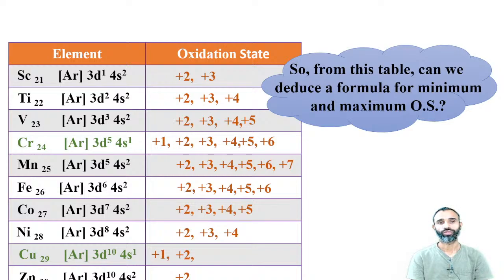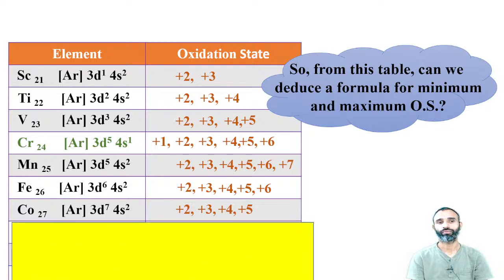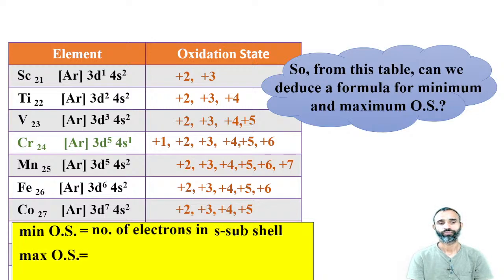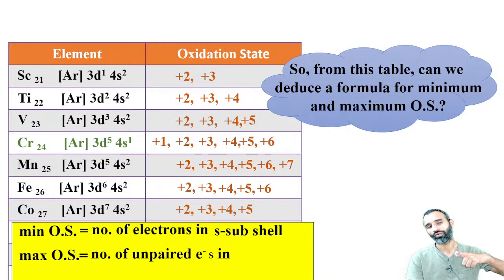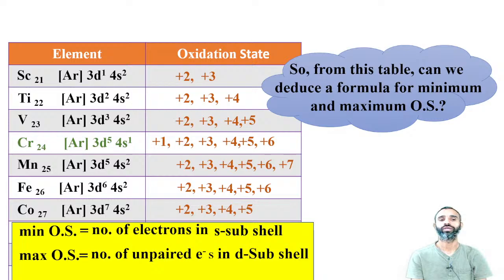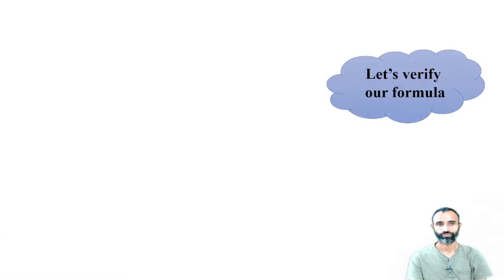So can we deduce a formula for minimum and maximum? Minimum oxidation state is the number of electrons in the ns subshell, and maximum oxidation state is the number of unpaired electrons in the d subshell plus the number of electrons in the ns subshell.